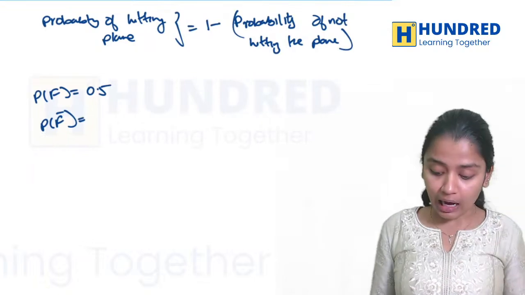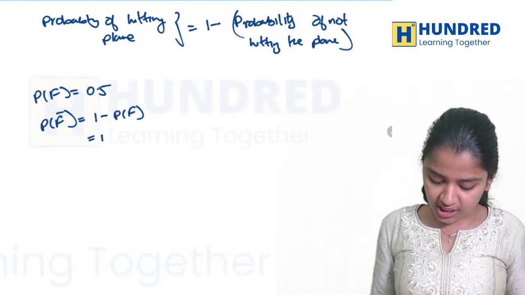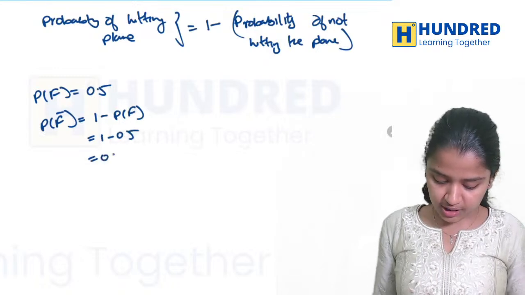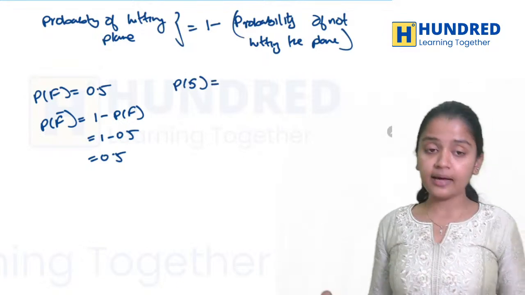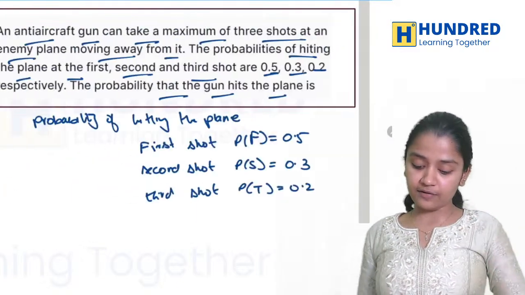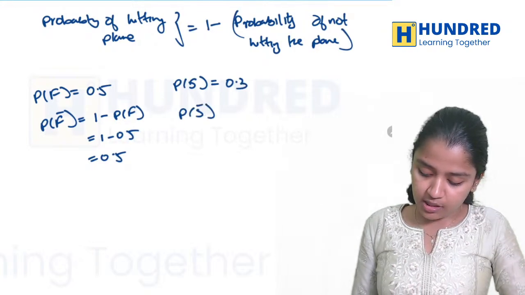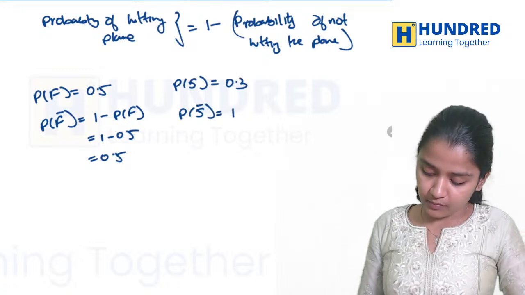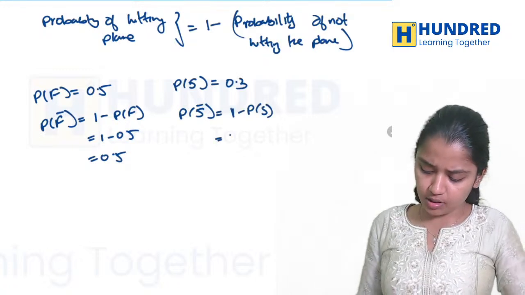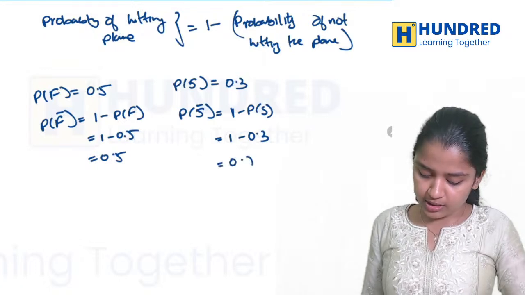First shotல hit ஆகாத probability 1 minus P of F, which is nothing but 1 minus 0.5, which is 0.5. அதே மாதிரி செகண்ட் ஷாட்ல probability of hitting the plane 0.3. செகண்ட் ஷாட்ல not hittingங்கிறது 1 minus P of S, 1 minus 0.3, which is 0.7.